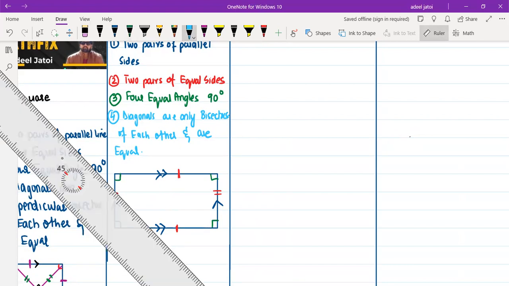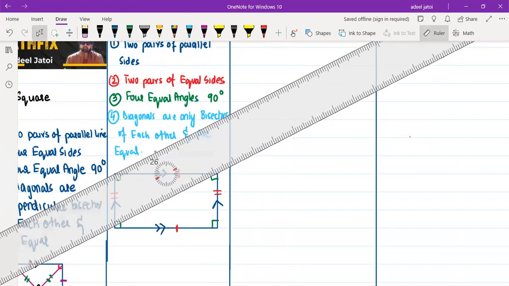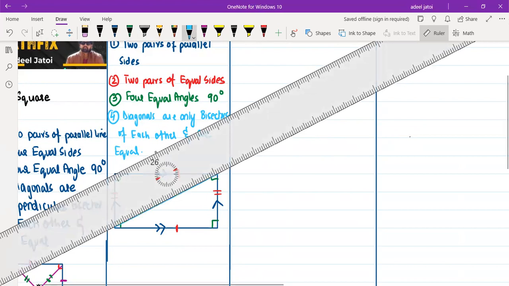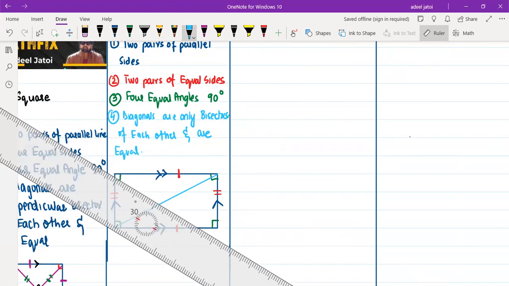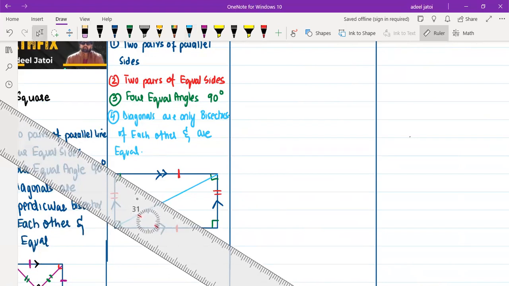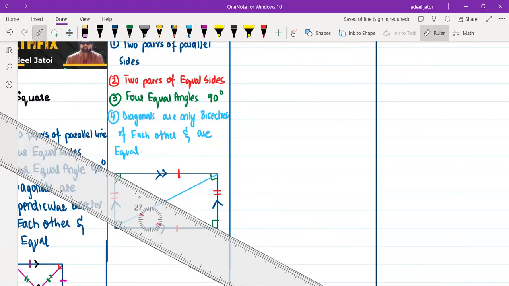Then lastly, the question says about the diagonals. They are only bisectors, they are not perpendicular.